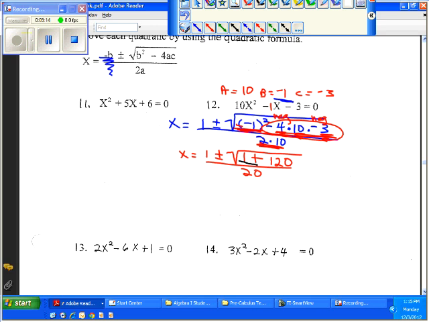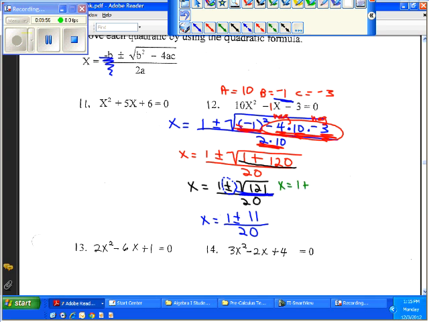We're now going to do the addition underneath the radical. And so we get x is equal to 1 plus or minus square root 121 over 20. It's time to do the square root. Remember, when you do square root, that's where the plus or minus applies. So we're going to have x is equal to 1 plus or minus. What times itself is 121? 11 over 20. So then we apply the plus or minus.